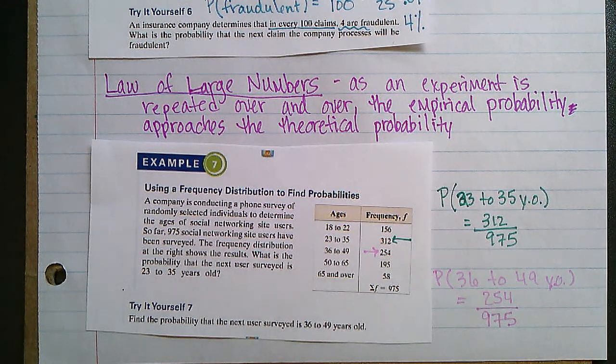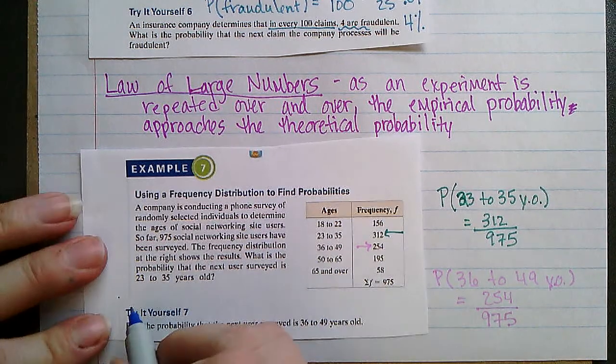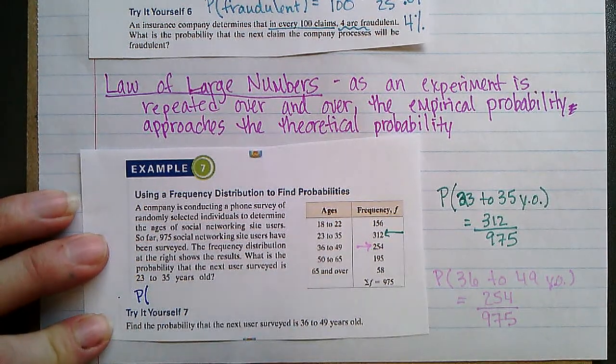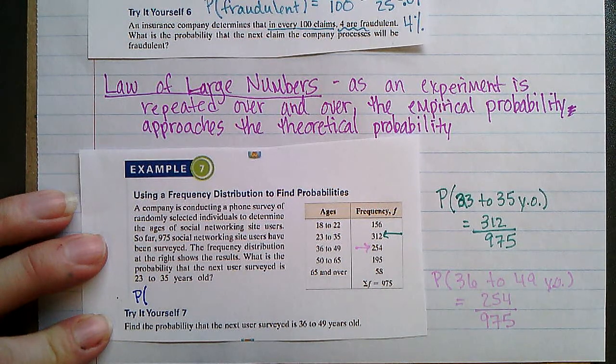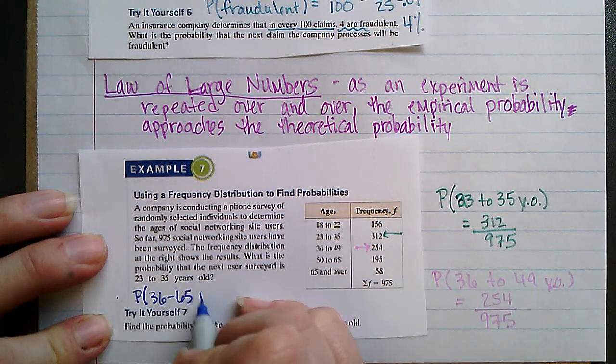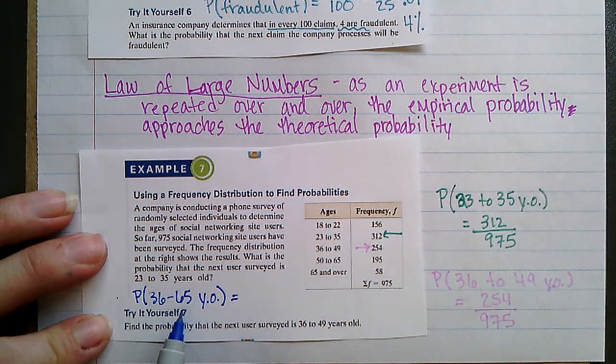But what if I asked you a different question? What if I asked you an off-the-grid question? What is the probability that the next person I choose is between 36 and 65 years old? So I need the frequency of that event of being 36 to 65.